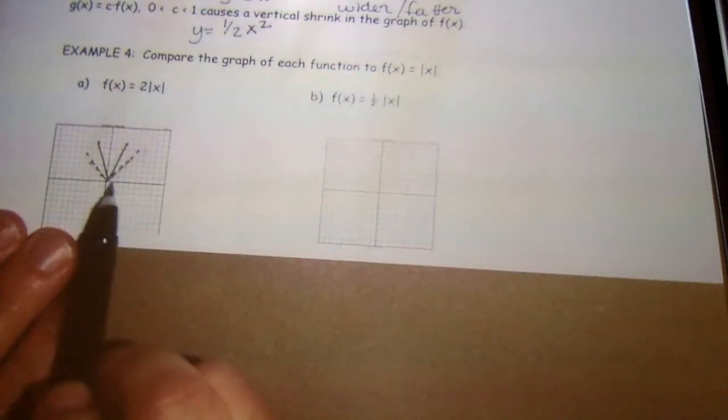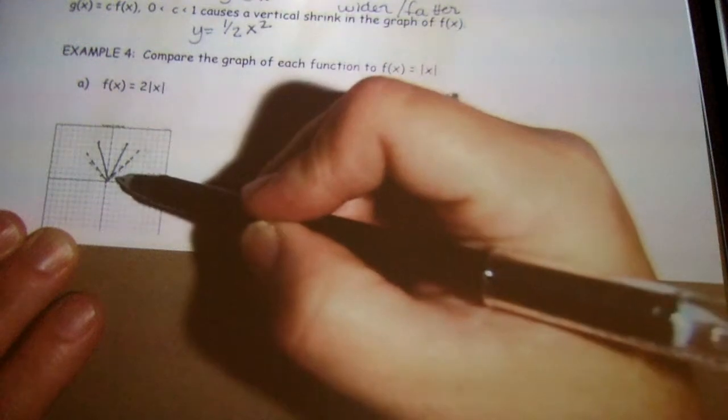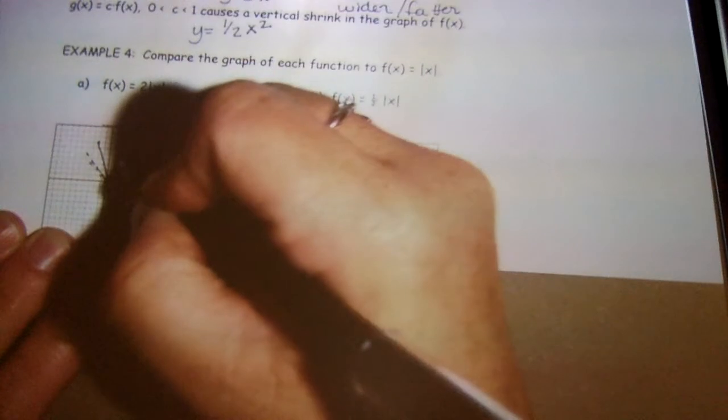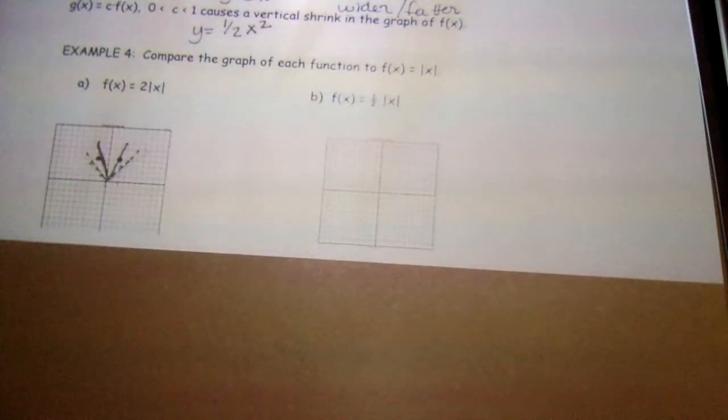If x is 2, the absolute value of 2 is 2, and 2 times 2 is 4. So instead of me being up here at 2, 2, I'm up here at 2, 4. Negative 2 as well. So what happens is that number in front of the function, if it's bigger than 1, causes it to grow faster. You're going to reach higher numbers faster.